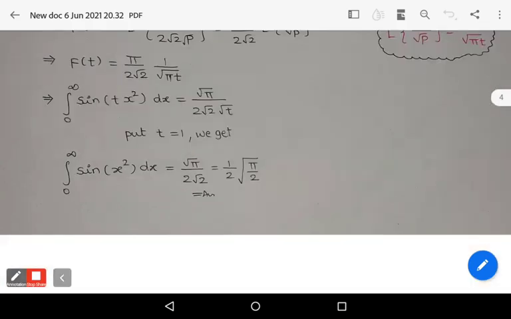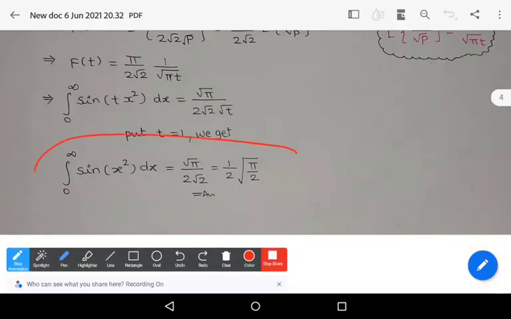Put t equal to 1 in this integral, and we get the integral from 0 to infinity of sin x square dx equal to pi by 2 root 2, which is nothing but 1 by 2 into square root of pi by 2.